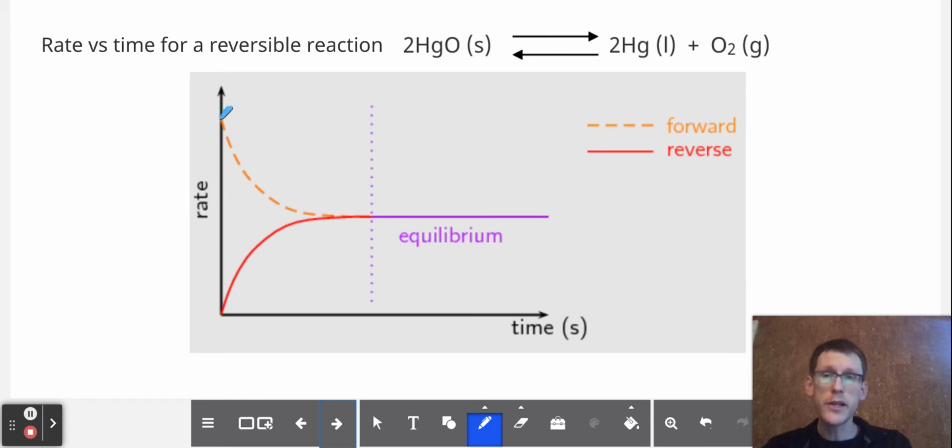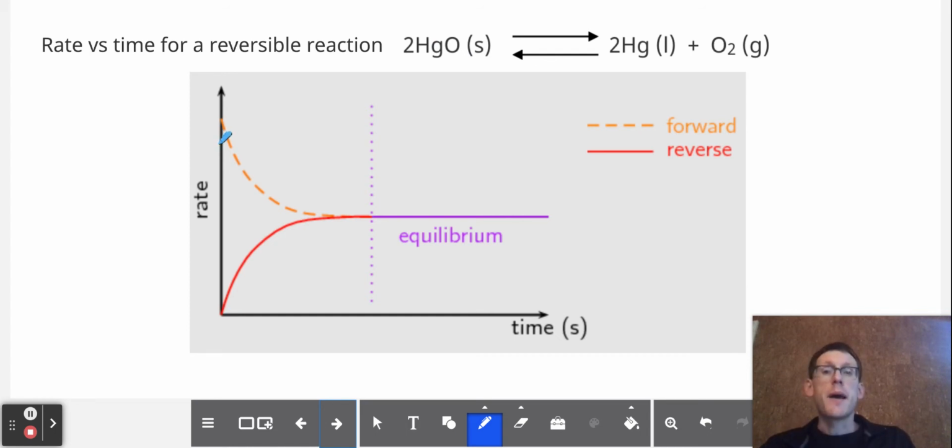There's a whole lot of HgO initially, and because of that, the rate of that reaction is going to be quite fast. There also is absolutely no Hg and O2 at the beginning. And so we're going to say that the rate of the reverse reaction, the synthesis going leftward, is 0.